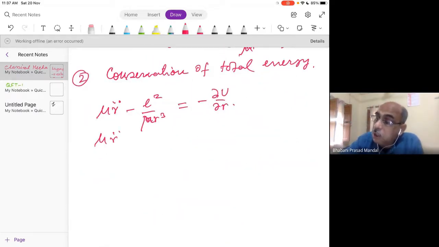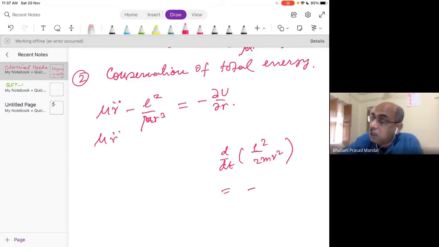So mu r double dot, and this also I can write in terms of the derivative d/dr of L square by 2 mu r square. That equals minus L square by mu r cube, since the 2 gets cancelled.